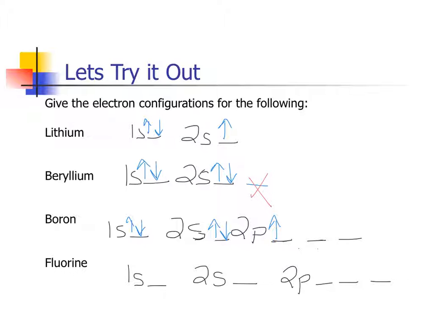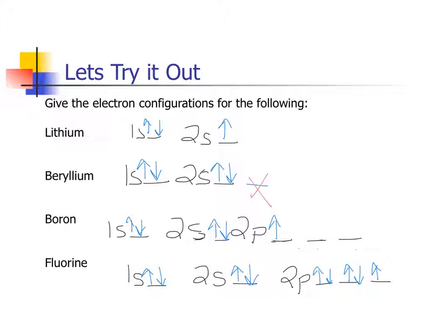Well, I now have to start with filling in the electrons. Where do I start? With the 1s. And fill as I go. Now what do I do when I get here? Well, I'm going to fill this according like I should, spreading them out until I have to pair them up.